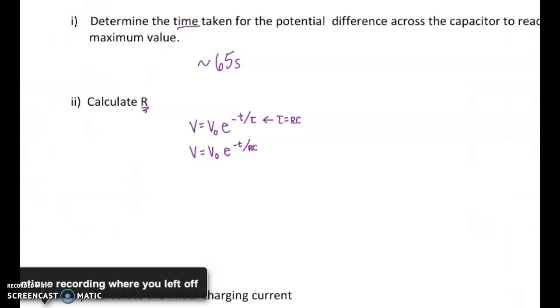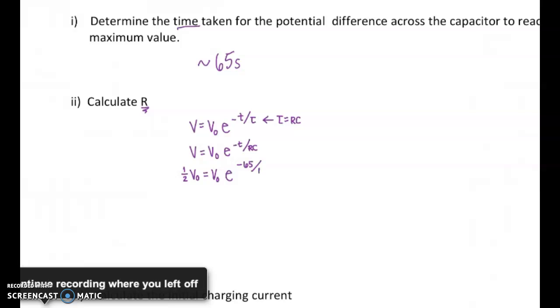Okay. Now I'm going to use my previous answer of 65 seconds to help me out here, knowing that 65 seconds represented when I halved my maximum voltage. So I'm going to plug in half V0. I'll plug in my 65 seconds.